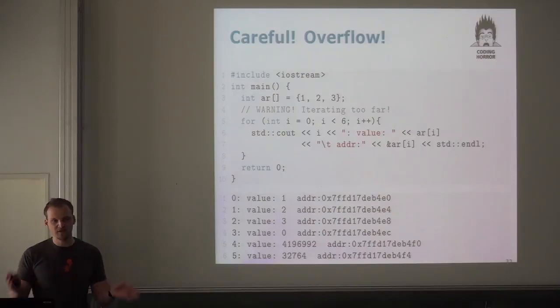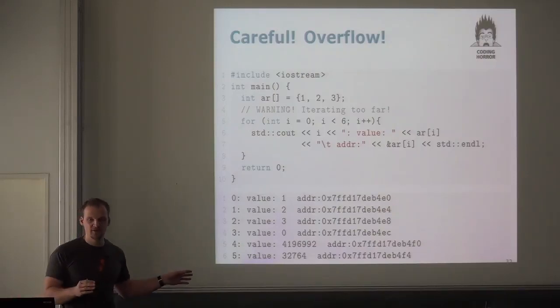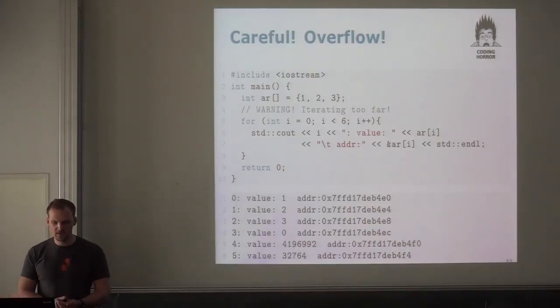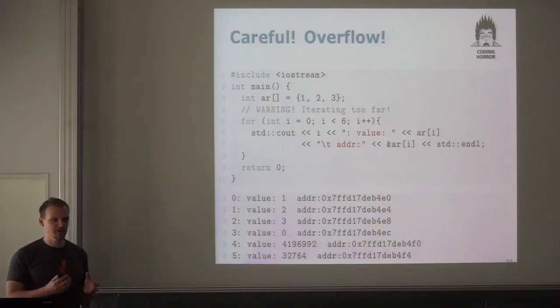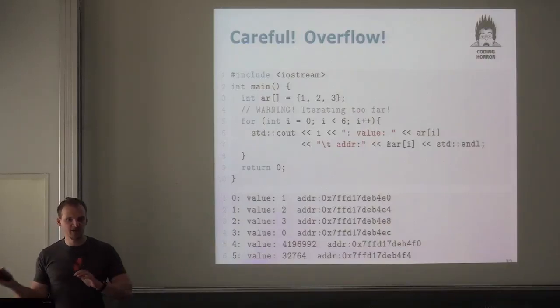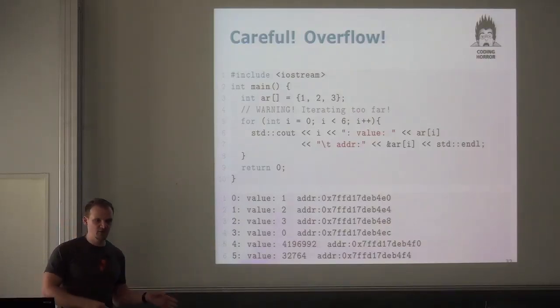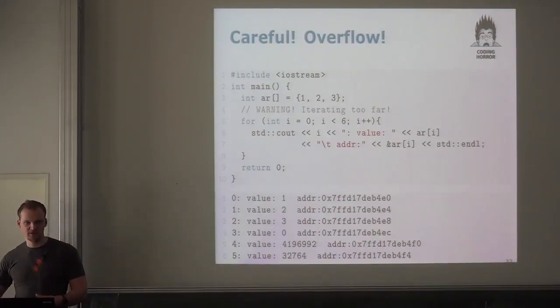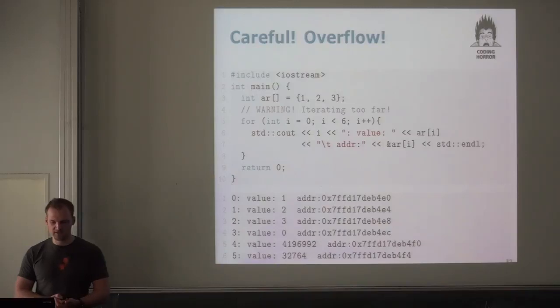And it can be arbitrary garbage. If you run it on your machine, it will probably also run, but it will give you other values which also will be garbage. So be careful with your indexing. And that's why you should always use a range for loop if you can, because this way you cannot overshoot your arrays.